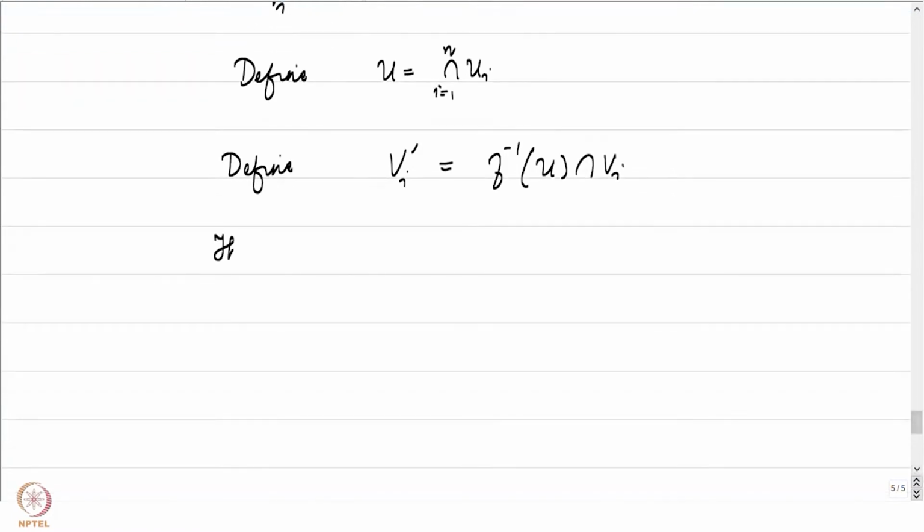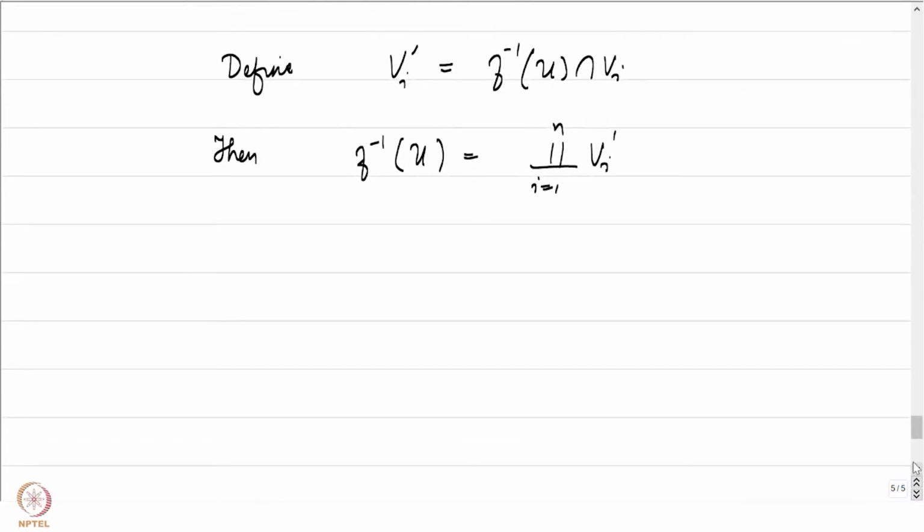Then the Vi primes are all mutually disjoint, and f inverse of U is going to be a disjoint union of Vi prime for i equal to 1 to n, and when restricted to Vi prime, f is going to be a homeomorphism. And in particular, this tells us that f is a covering map.